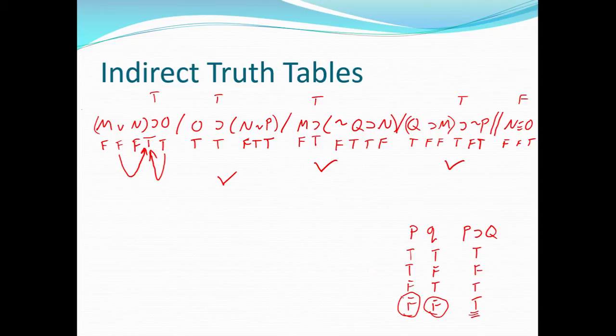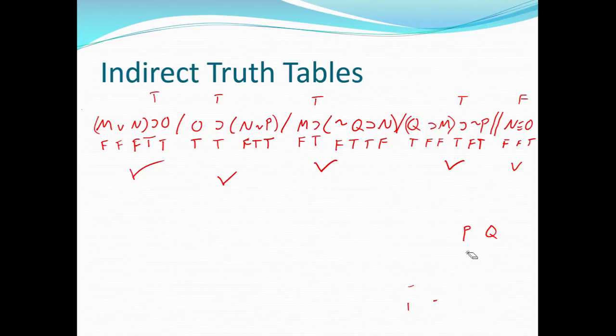Remember, that's this third row down on your old school operator definition. False horseshoe true is a true statement. And so the first premise works as well. It took two tries to make it happen, but you did make all true premises and a false conclusion.